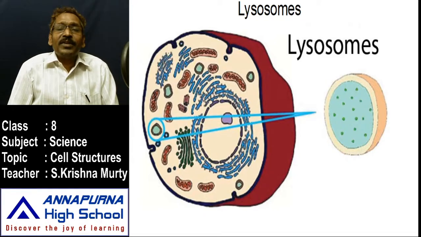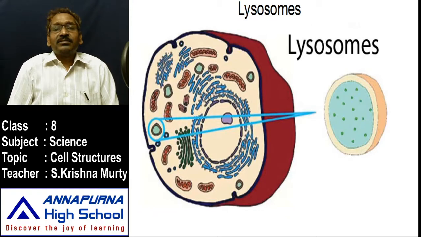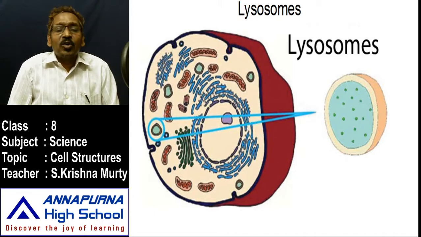So what are the functions of the lysozyme? Breakdown of the food material into small pieces, and decaying of the entire cell to turn into debris. So we can conclude lysosomes are known as suicidal bags in a cell.